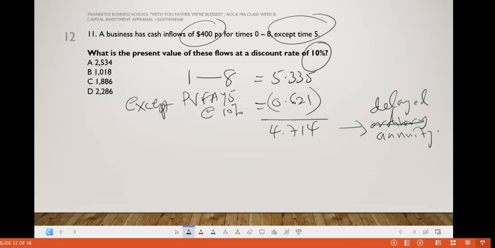So as the income is received starting from year 0, we then have to say +1, so that our PV factor becomes 5.714.